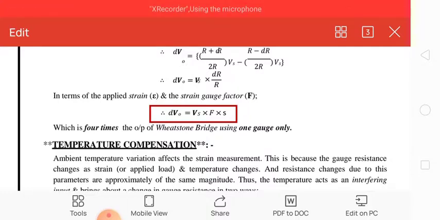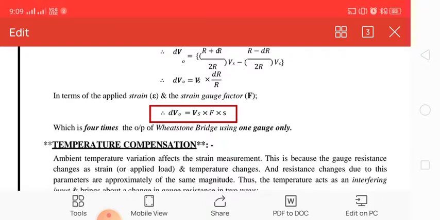In that we have studied manometers, the Macleod gauge, the Pirani gauge, the thermal conductivity gauge, then different ionization gauges, the Knudsen gauge and the Bridgman gauge. These are the low pressure as well as high pressure measurement devices or instruments.